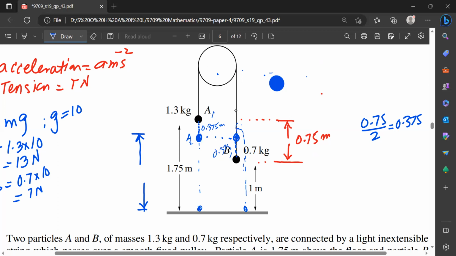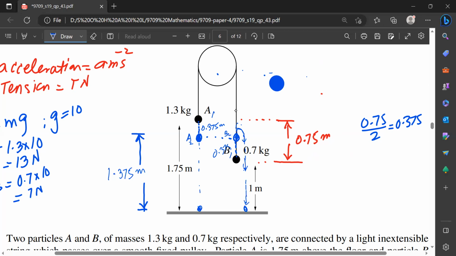So first we need to know, what is the height of the particles above the ground when the string breaks? So simple, this much is 1 plus 0.375, so 1.375 meters. 1.375 meters is the height of the particles A and B. So I can say this is from B1 to B2. And then it will move further and eventually it will come to the ground.